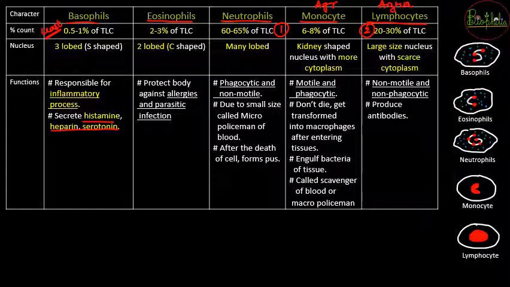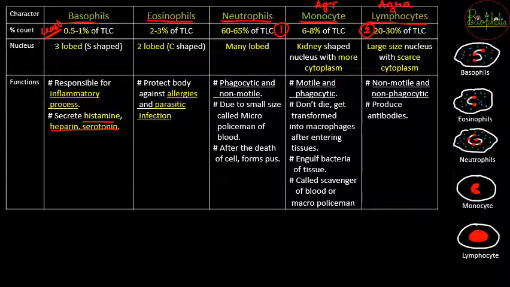Eosinophils are going to protect you against allergies and parasitic infections. Allergies that come from dust or pollen, in all those cases whatever reaction happens in your body is going to be because of eosinophils.